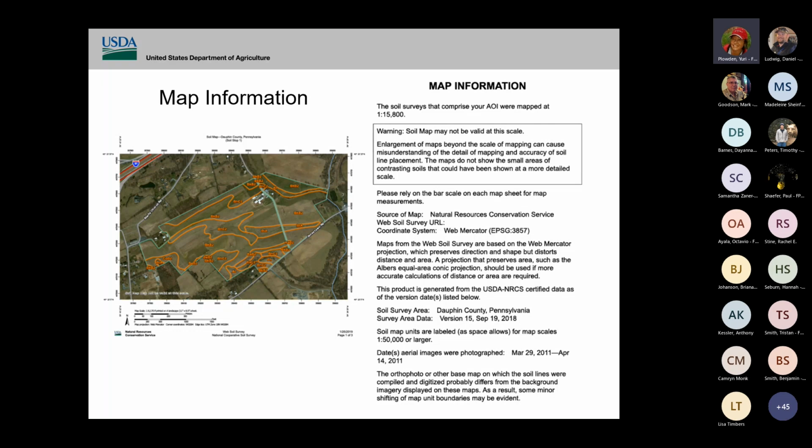Okay, Paul, yes. So what it means is that 1 inch on the map, okay, we have 1 inch equals 15,800. Yes, that is exactly what it means. Yes, Jason, and what it means is 1 inch on the map is equivalent to 15,800 inches in real life.